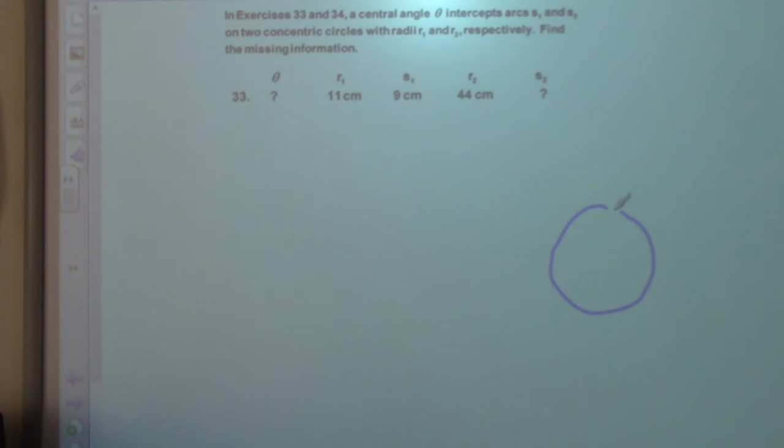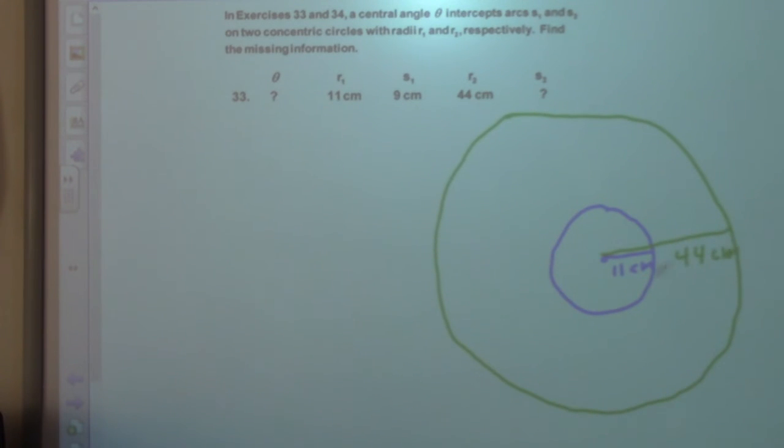So there's one circle. And then I'm going to take a green circle that's bigger on the outside. So these I've drawn are two concentric circles. Okay, and r1 is going to be 11 centimeters, and r2 is going to be a total of 44 centimeters.